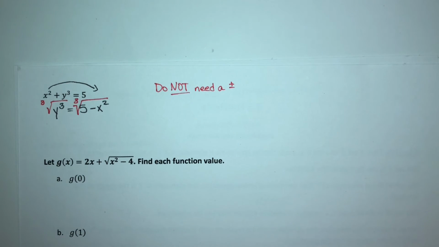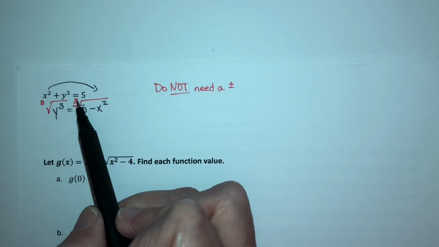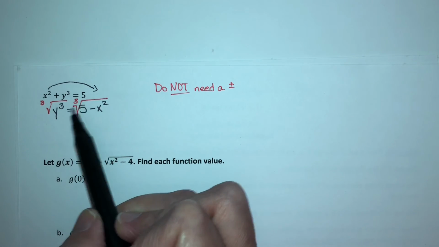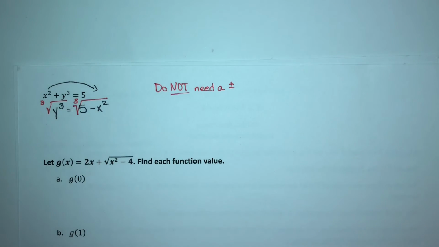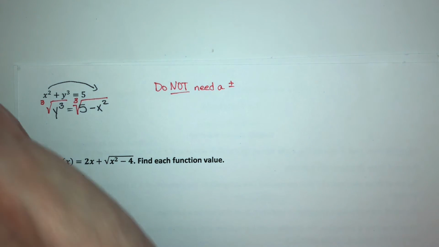Now, I said this earlier, but to drive it home, if the index, that's what this number is called, is even, you need a plus or minus. So if you take the square root of both sides, you need plus or minus. If you take the 6th root of both sides, you need plus or minus. But if it's odd, you don't. There's only one solution.